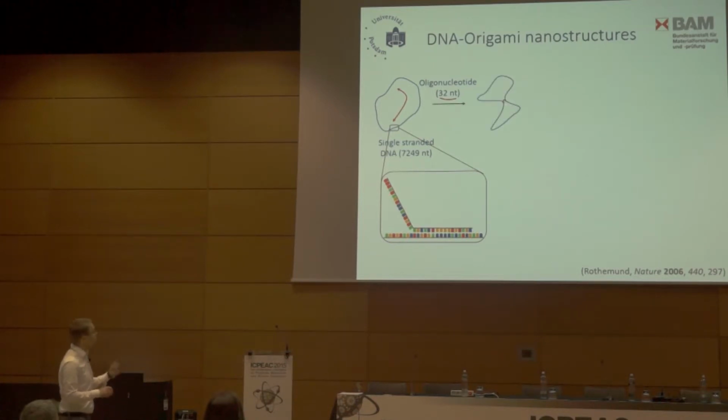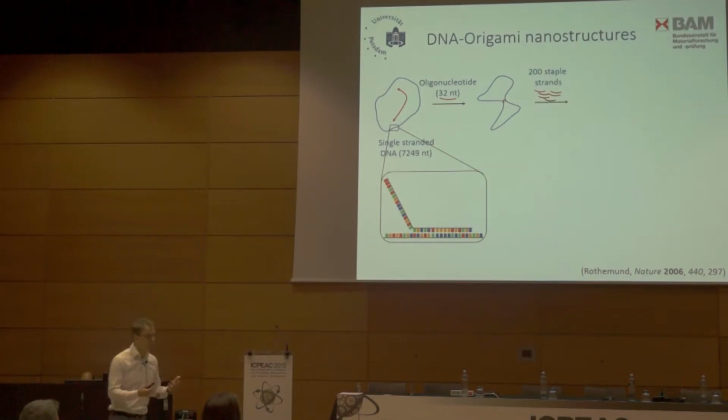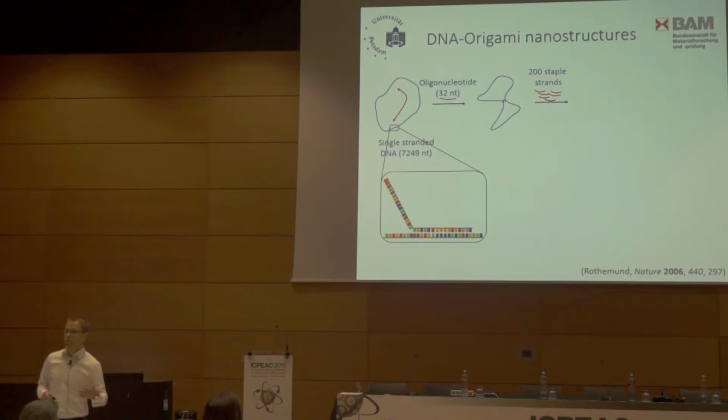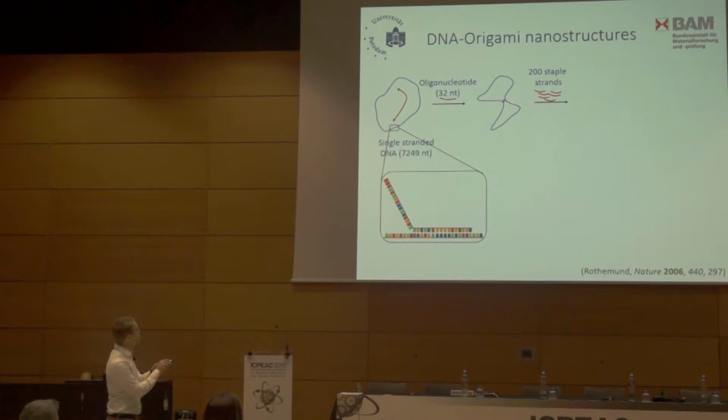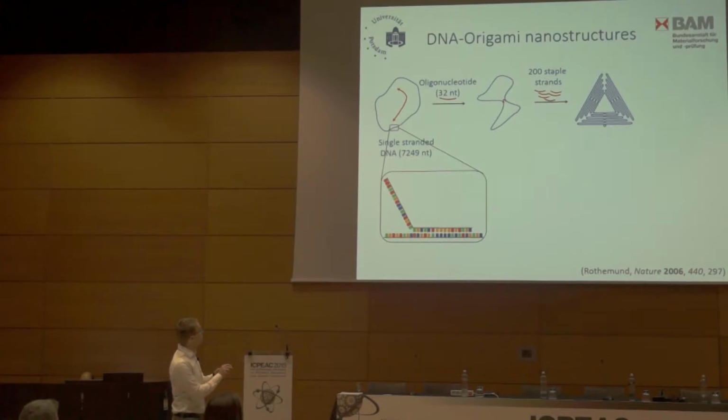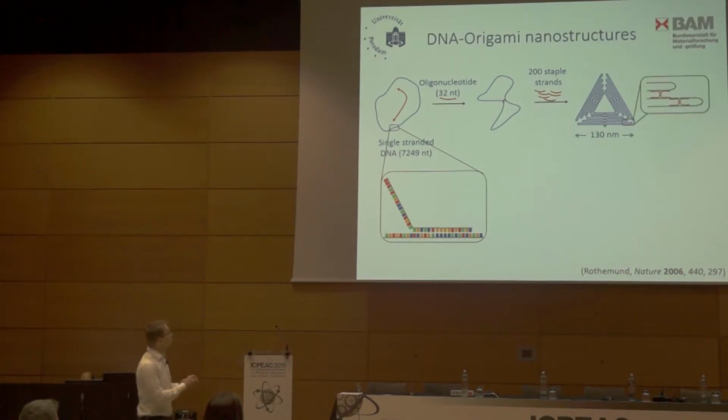And when it comes to hybridization, this is stapled together, and therefore we call these shorter oligonucleotides staple strands. And we add a larger number of these staple strands, and depending on the sequence that is chosen here, we can then form or fold this scaffold strand into more or less any arbitrary two-dimensional shape, for example, into this triangular shape here. And here in the zoomed in, you can see these crossover structures of this scaffold strand.